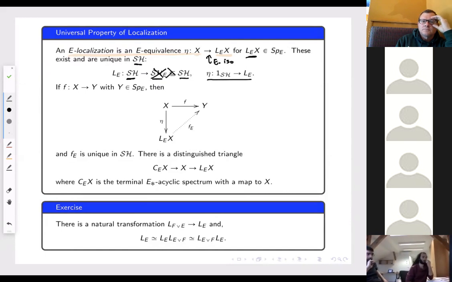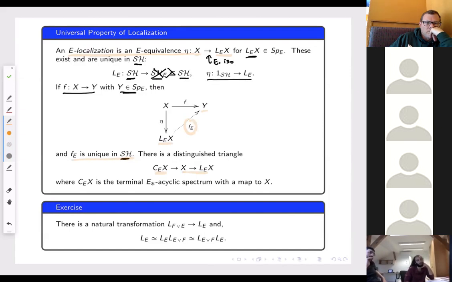If you have a map from X to Y with Y an e-local spectrum, then there's going to be a unique map in SH, so the uniqueness is up to homotopy, that factors F. So X maps to an e-local thing, and you can think of that as a map from the e-localization of X to Y. And in fact, this map fits into a distinguished triangle because all maps do.